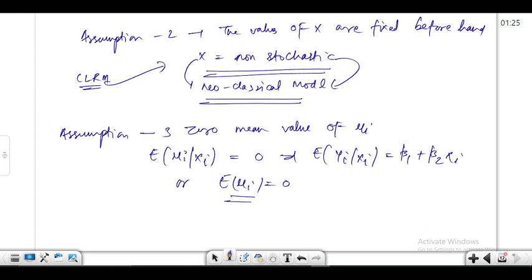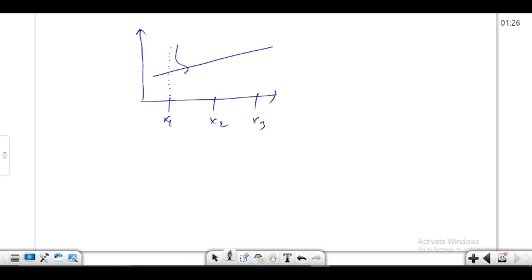So if I have to show this graphically, what this means, so this is my regression function. This is x1, this is x2, this is x3. So I have a range of ui values. So the average or expected value lies on, or is equal to, 0.